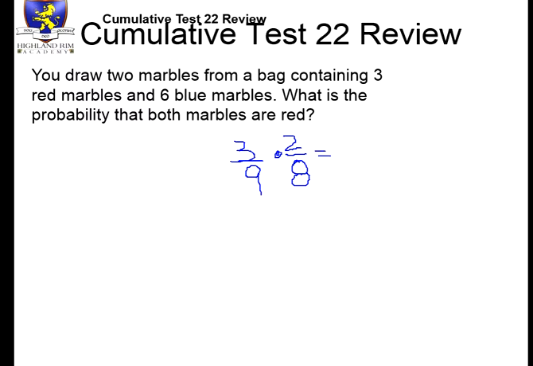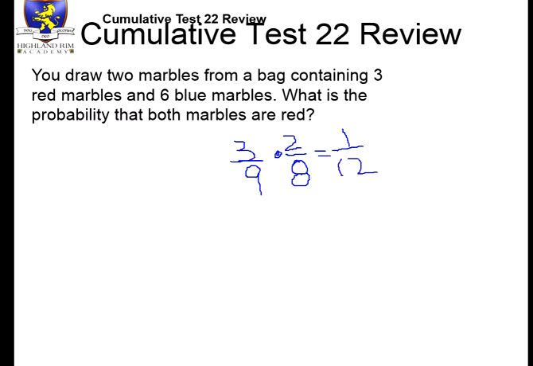So you basically have 1/3 times 1/4, and you should end up with 1 out of 12. So remember, when we do probabilities of multiple times, we multiply the probabilities. So we come up with 1/12.